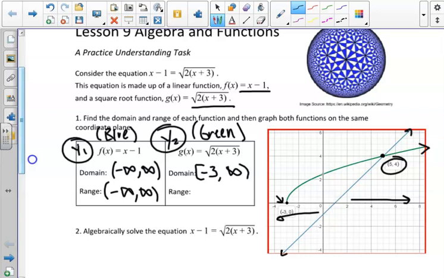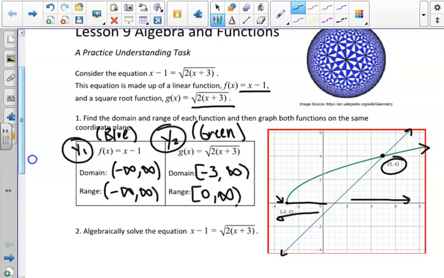Now let's talk about our range. Our range would be our lowest y, so notice our lowest y is 0, and it is equal to 0. And our range would go to positive infinity on the y-axis. So it would look like this.